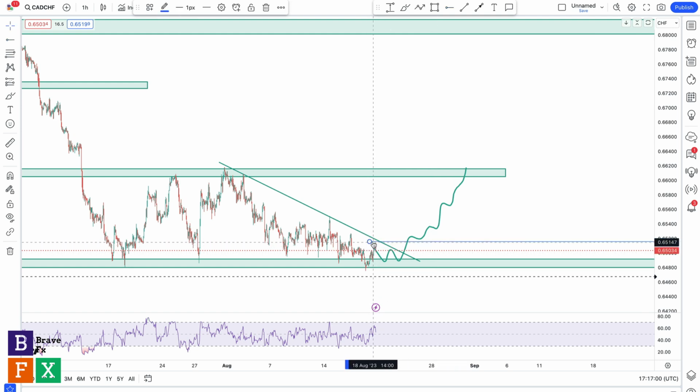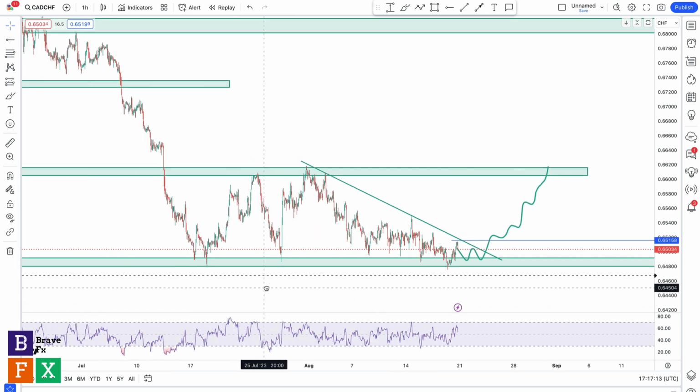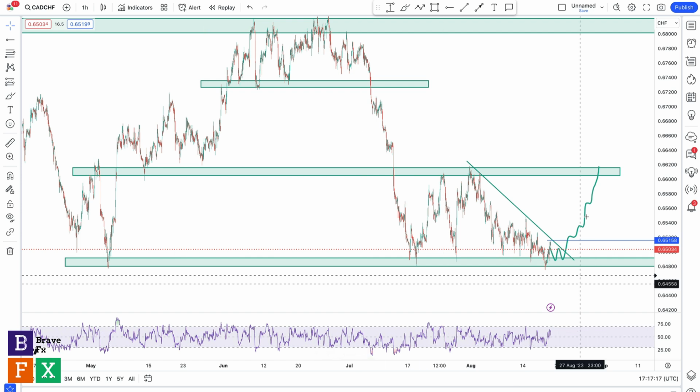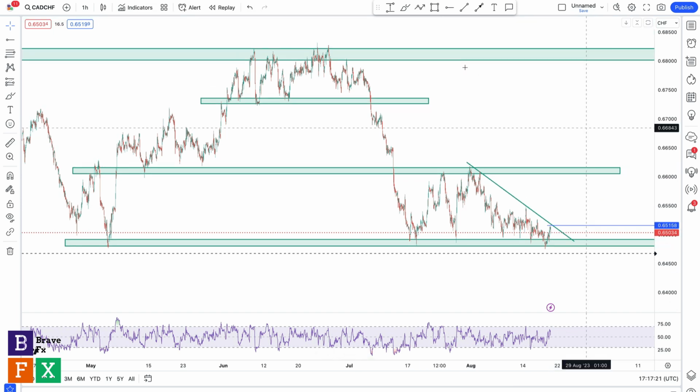So like this, this is one high here. If we get a consolidation within this small space here and we get a bullish breakout from this trend line, creating a higher high, then that will be my confirmation to start looking for long positions, despite we are in a bearish trend. But I am more inclined to go short on CAD-CHF rather than going long on CAD-CHF.